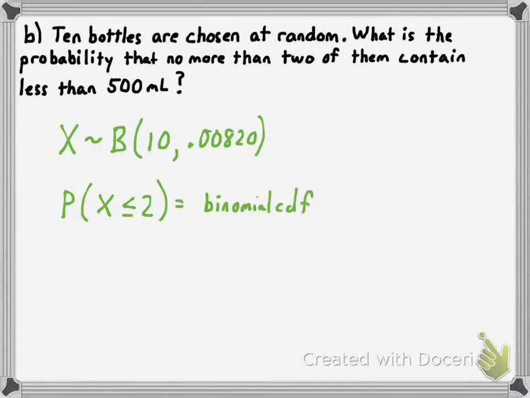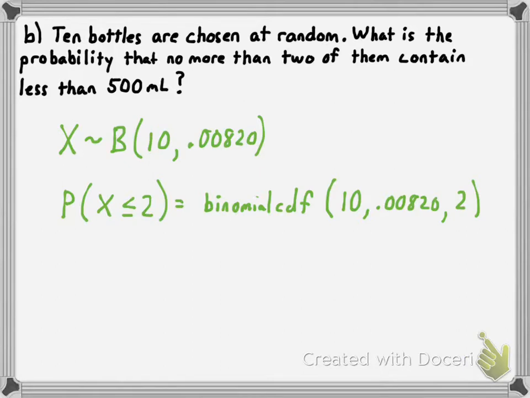We're going to use binomial CDF. And remember, the parameters for binomial CDF are that you put in the number of trials, you type in the probability of success, which in this case is that a bottle contains less than 500 milliliters, and then you put in the number of successes that you want up to, and we want up to 2 successes here, so we'll put in a 2 right there.